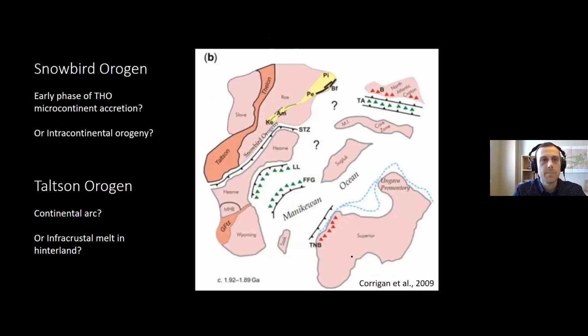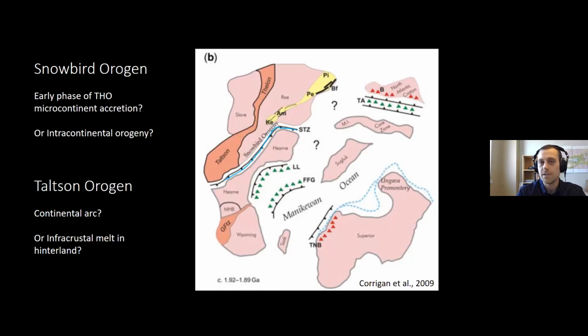So I'll just show you some general models for how these orogens formed. This picture on the right is one of the models that Dave Corrigan published in 2009. And you can see the Snowbird orogen. He's labeled it as the Snowbird tectonic zone. I'm just highlighting it in blue there. The idea here is that it's a collisional origin that involves microcontinent accretion of the Hearne Craton.